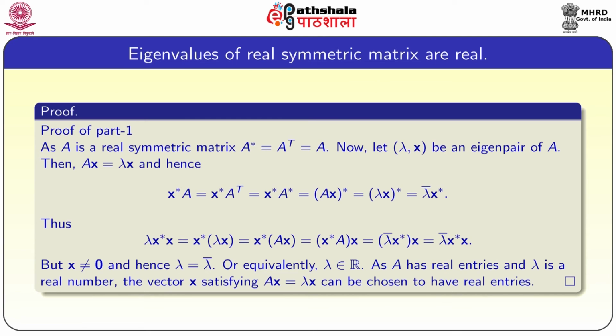So, we will first prove part 1. It is given that A is a real symmetric matrix, that is important, otherwise a matrix need not have real eigenvalues.